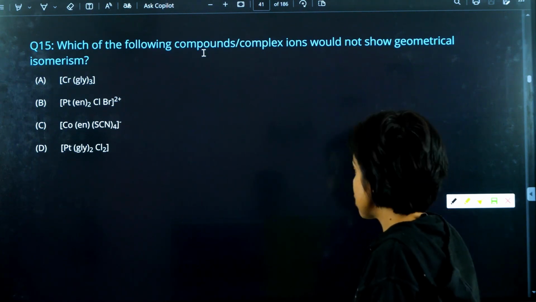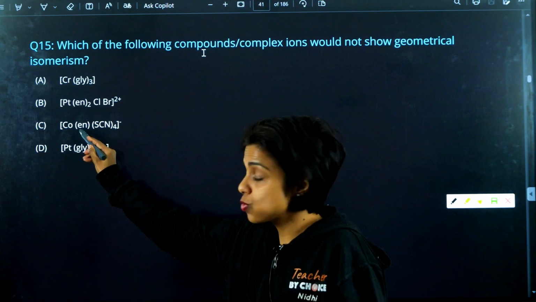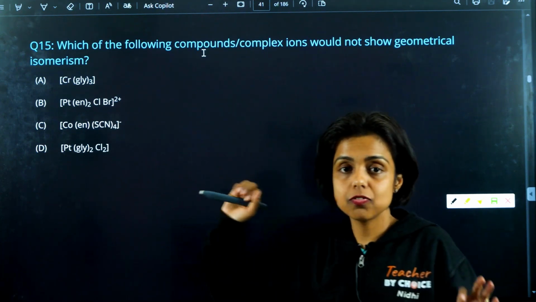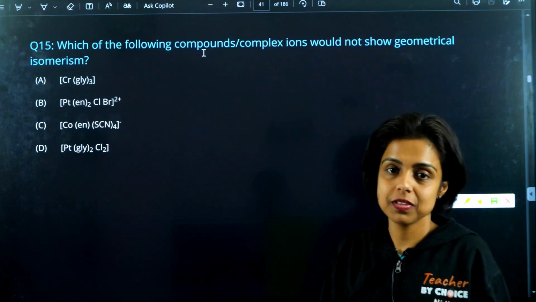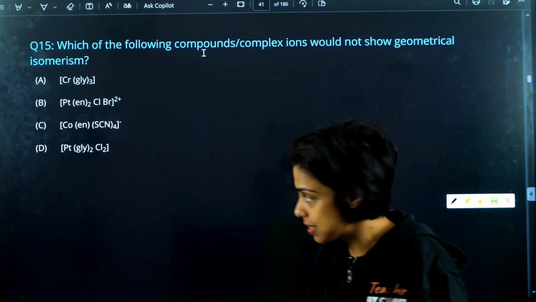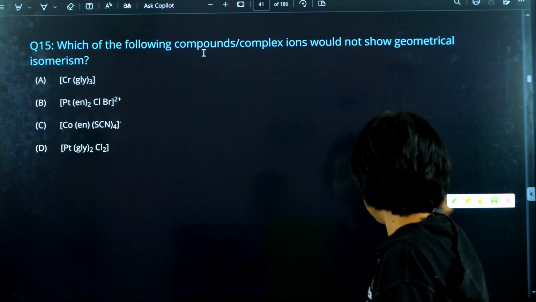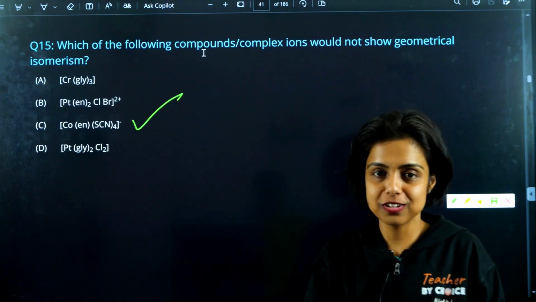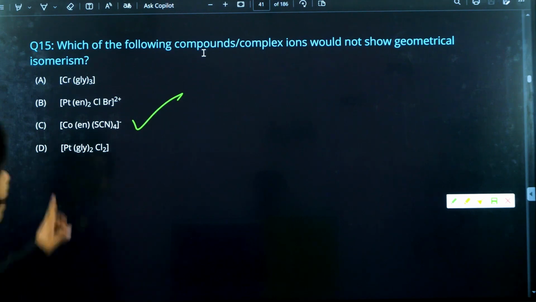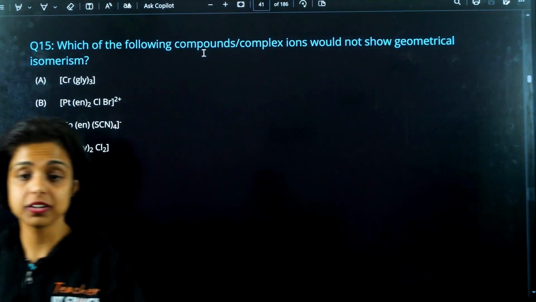And gly, from the various bonding sets, it can also show cis and trans. The one that cannot show cis and trans is the one with only one ethylenediamine ligand. There is only one way of arrangement, and 4 SCN negative, all are same. So wherever you put en, the configuration with respect to each other remains the same, right? It is just one way of arranging the ligands around the central metal, because we have 4 similar ligands here and one bidentate symmetrical ethylenediamine ligand.